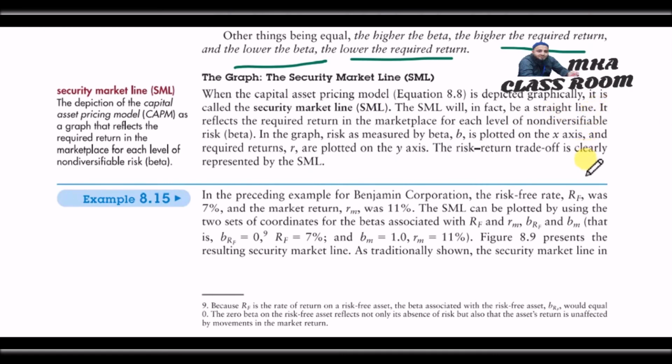It reflects the required return in the marketplace for each level of non-diversifiable risk, or beta. In the graph, risk as measured by beta is plotted on the x-axis and required return is plotted on the y-axis. The risk-return trade-off is clearly represented by the SML.